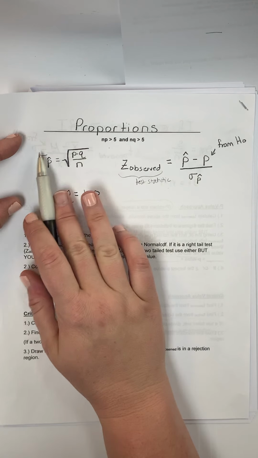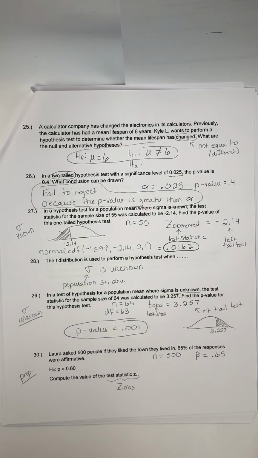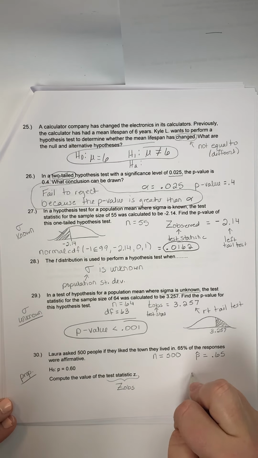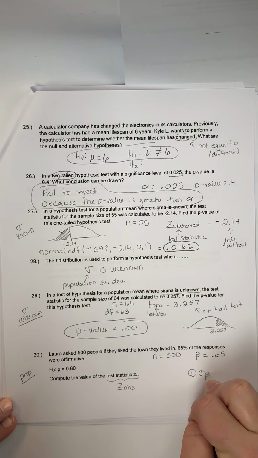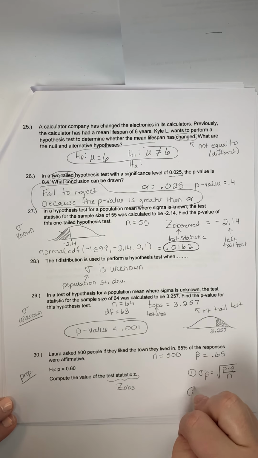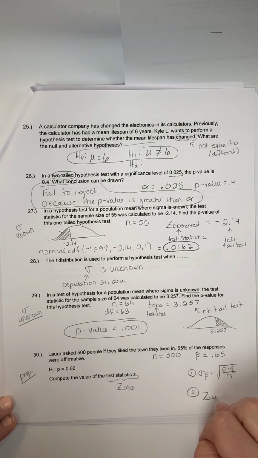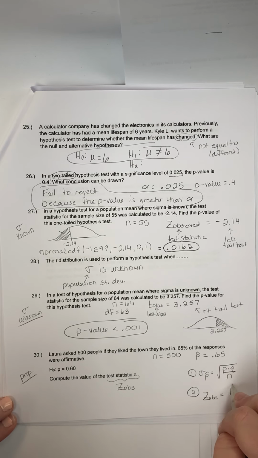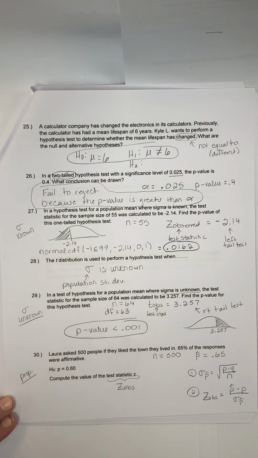That comes from here. So first step, we need sigma P hat. That's going to be the square root of P times Q over N. Then we're going to find Z observed. That's our test statistic: P hat minus P over sigma P hat.